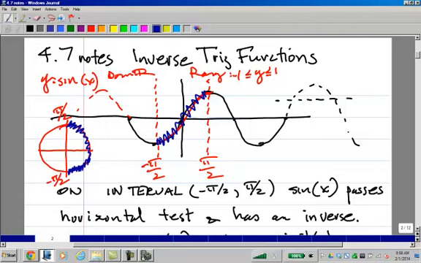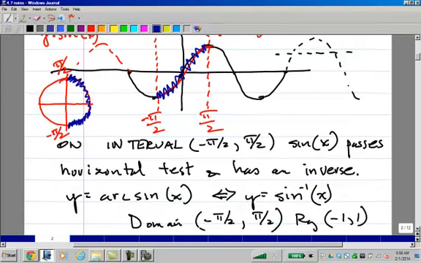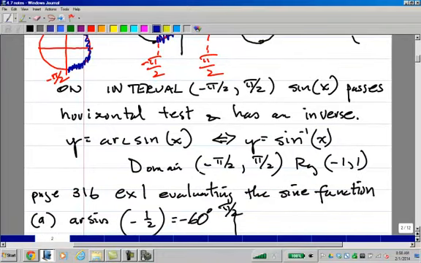Okay? So the domain for the arcsine, or the inverse sine, they both mean the same thing, is negative 1, comma 1. Here, I got these turned around.